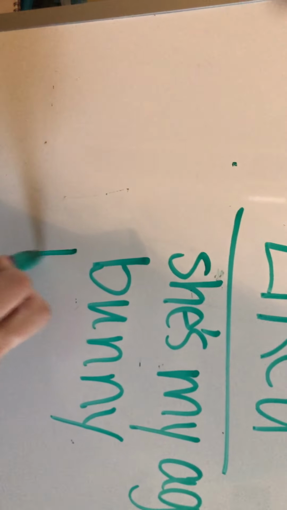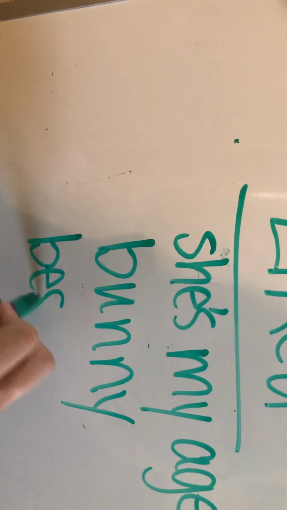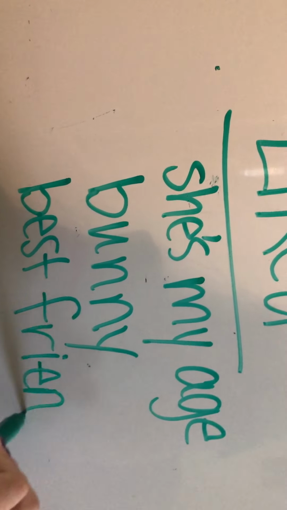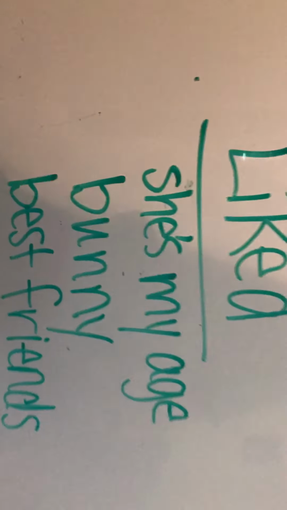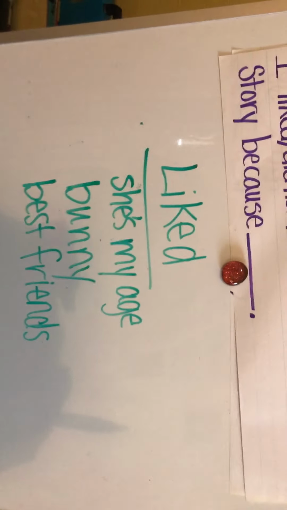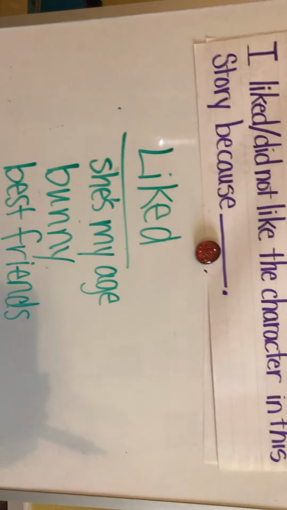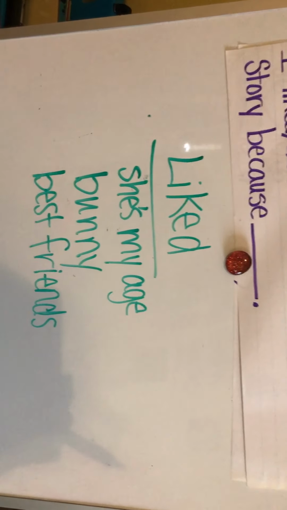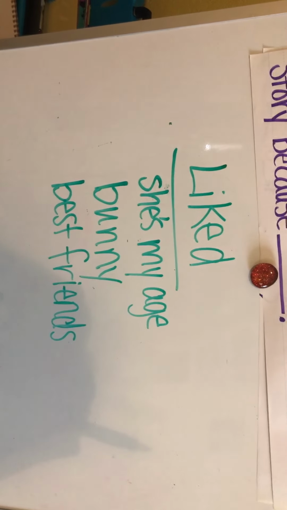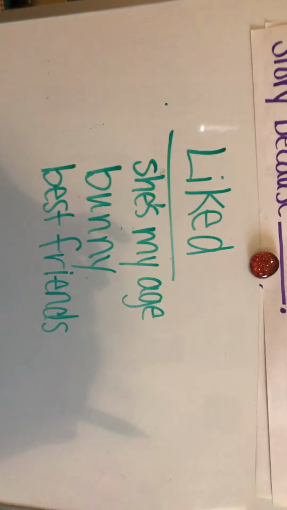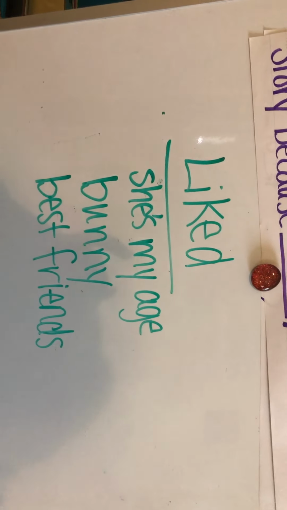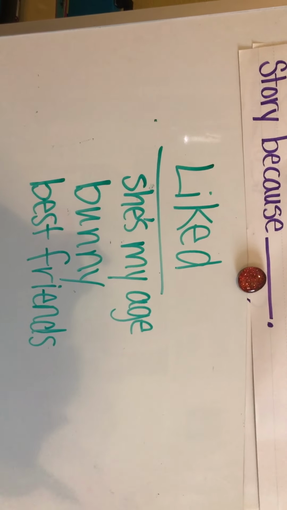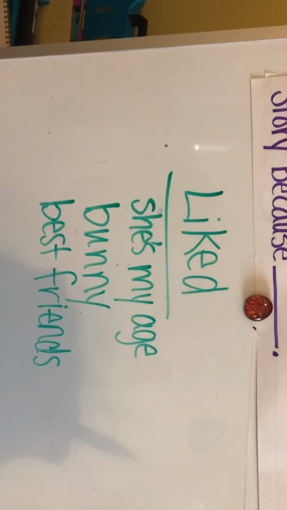I have best friends. Like I said, this one might be a little bit more challenging for them, but it makes them dig deeper, right, into their reading. It's how we become stronger readers. I liked the character in this story because she's my age, right? I like bunnies too, and I have best friends, okay? They don't have to write all of them, but maybe then they could just choose one.